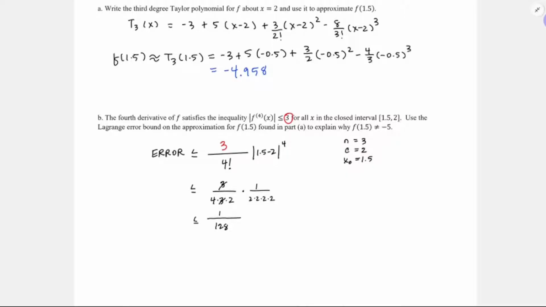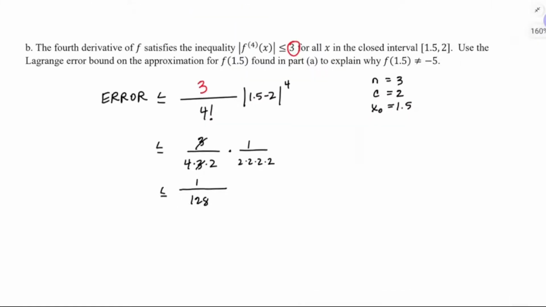Okay, great. I looked it up. It's negative 4.958, and the error is less than or equal to 1 over 128.